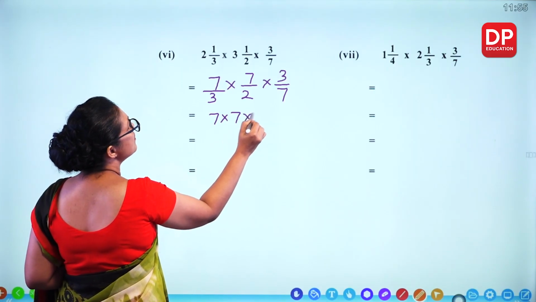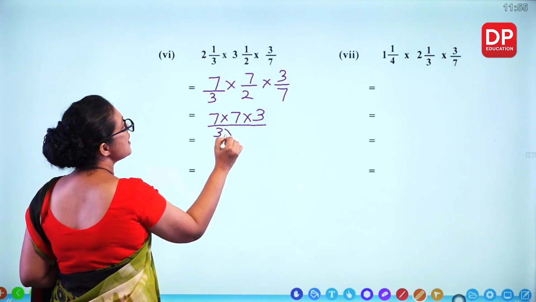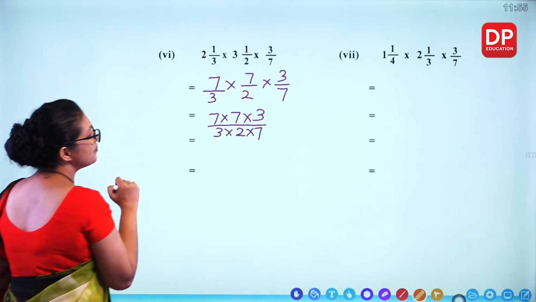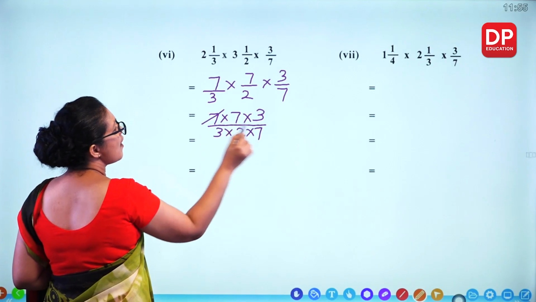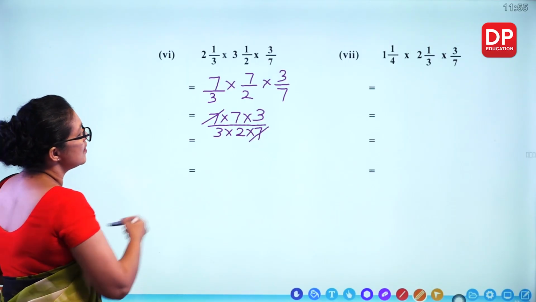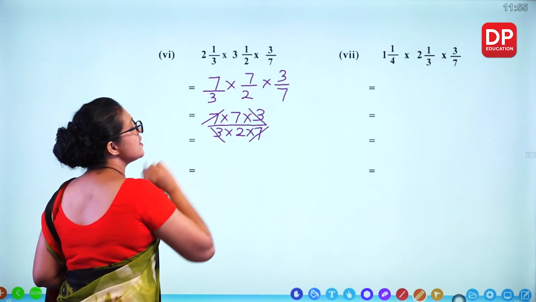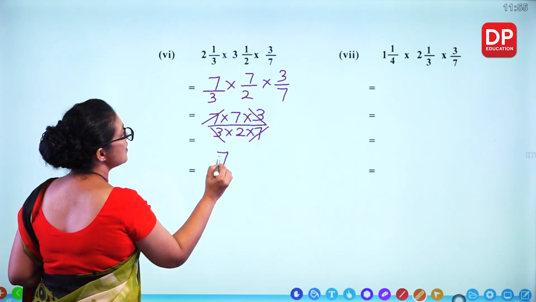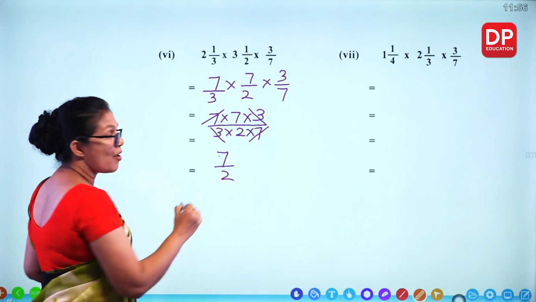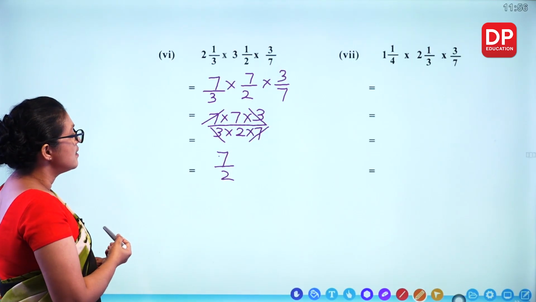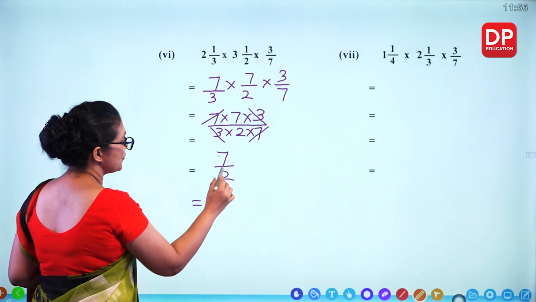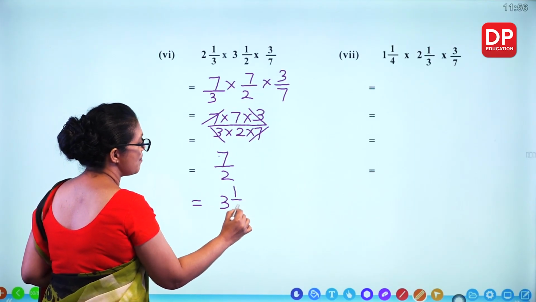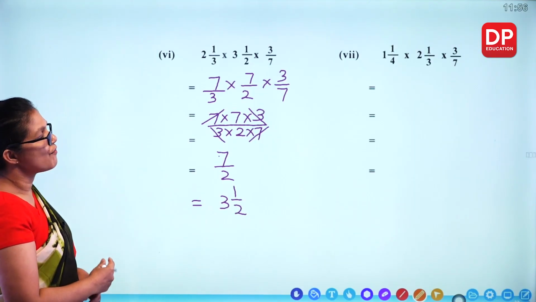Numerator separately, denominator separately. Simplify. You get here also 3. Simplify. 7 times 1, 7 over 2, or you can write it as a mixed number. 2 times 3 is 6 and 1 remaining, so 3 and a half.